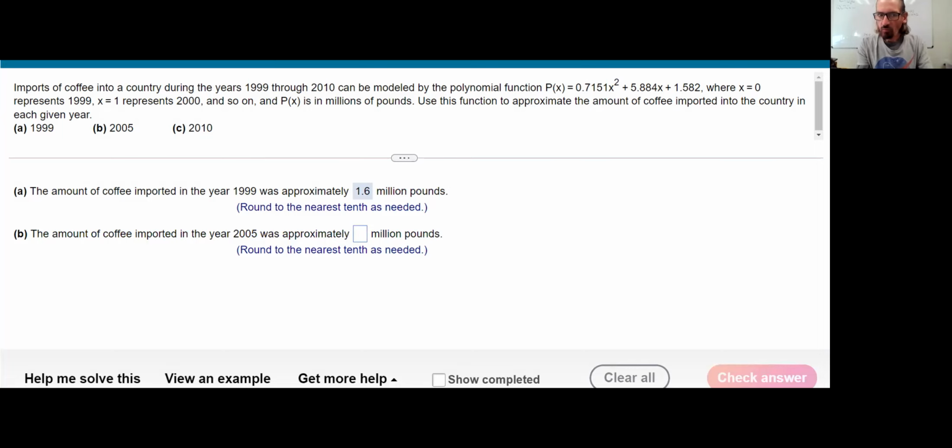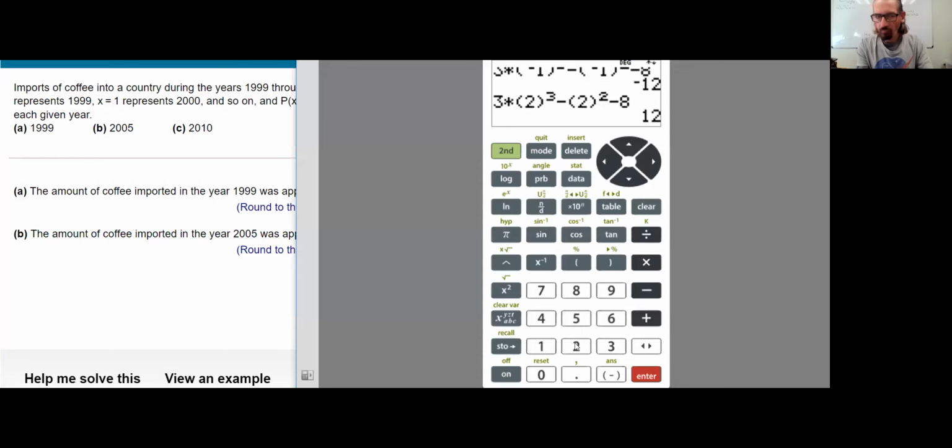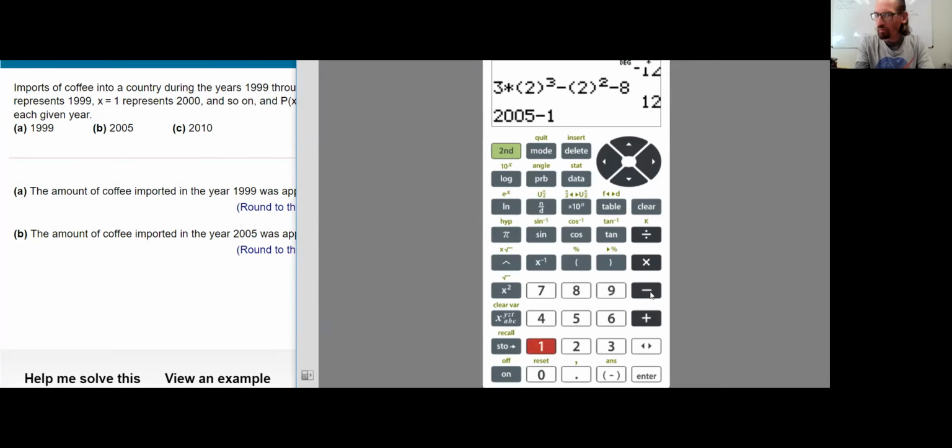So next we're supposed to find out how many millions of pounds of coffee imports we had. So first of all, since 1999 was year 0, then 6 years later is 2005.